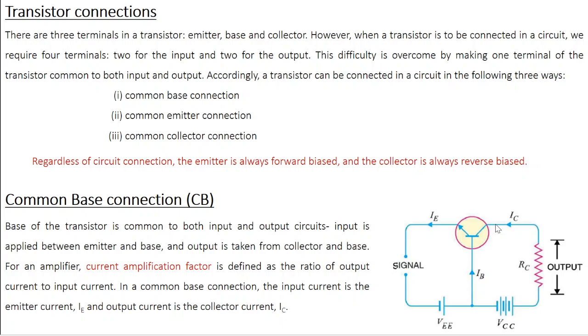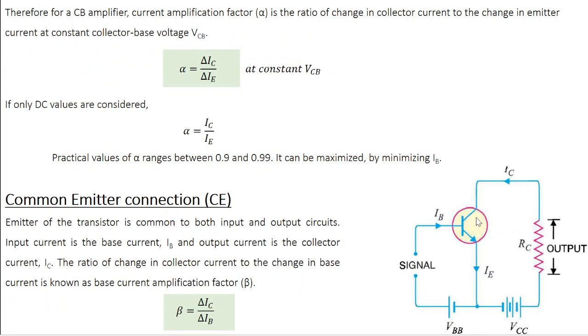So current amplification factor alpha of a common base amplifier is defined as the ratio of change in collector current delta IC to the change in emitter current delta IE at constant collector base voltage VCB. So alpha equal to delta IC by delta IE. Or if you are considering only DC values, you can define alpha as IC by IE.